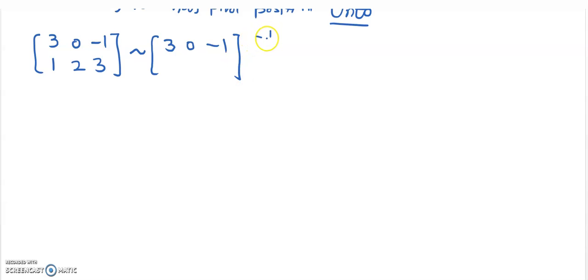That means -1/3 row 1 plus row 2 gives the new row 2. So it will be 0, and then 2, and then 1/3 plus 3, that is 10/3.